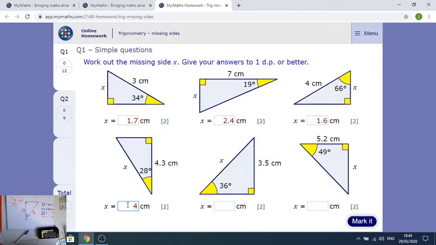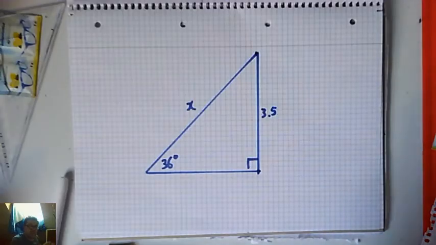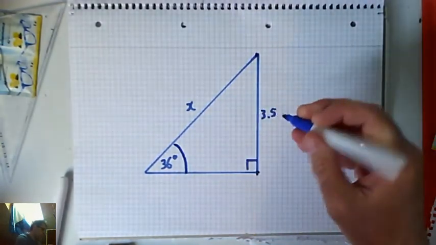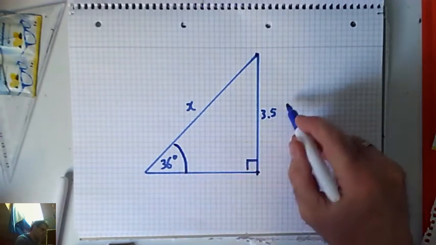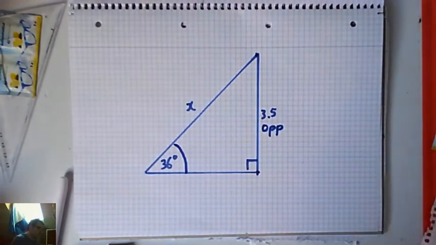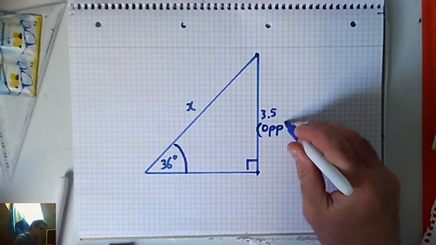So 4.9, and on to the next one, which looks like that. So here's the diagram for that one. We've got a 36-degree angle, and the 3.5 is opposite the 36-degree angle.